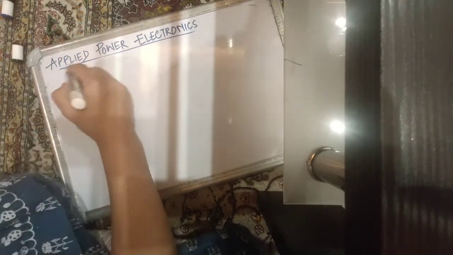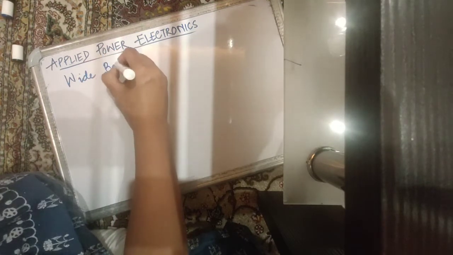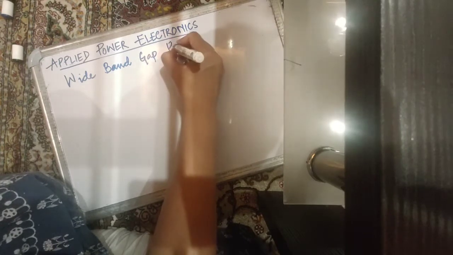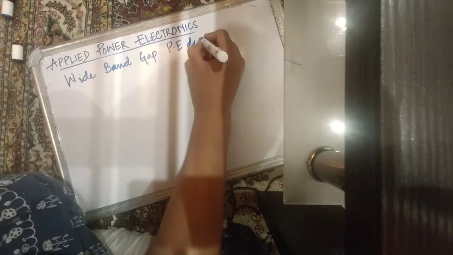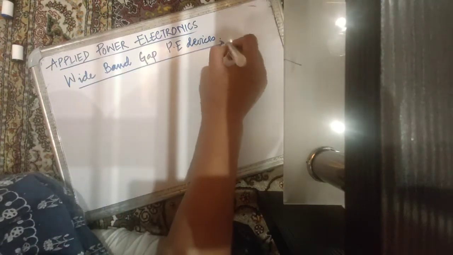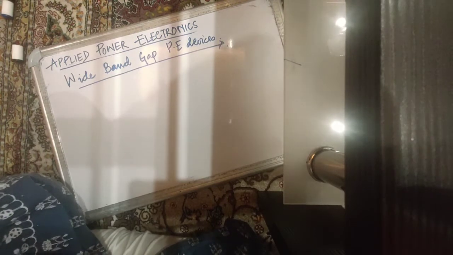So these are basically wide band gap power electronics devices. One of the most promising technologies coming out of power electronics, which is still again in its infancy. Not a lot of work has been done on them, and a lot of work is being done on these devices.